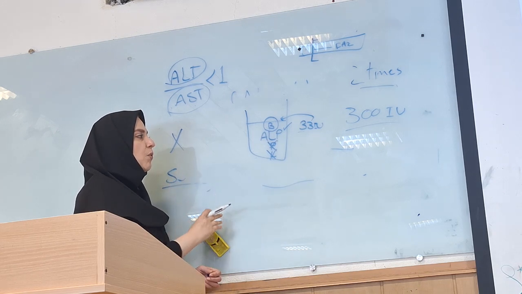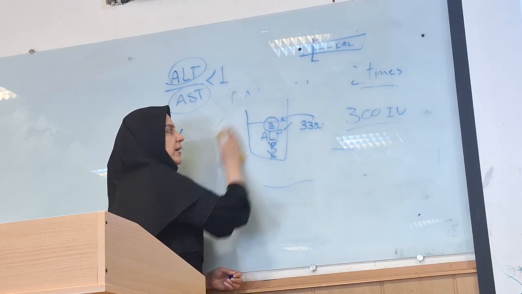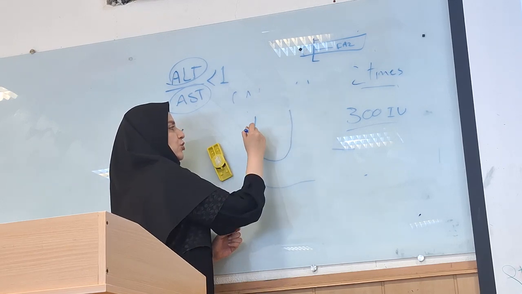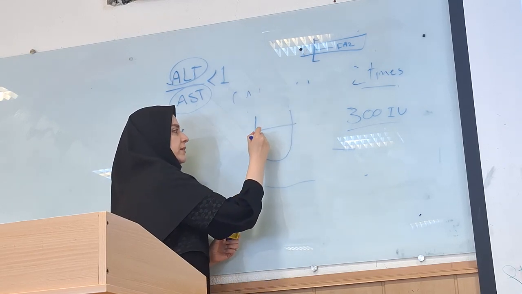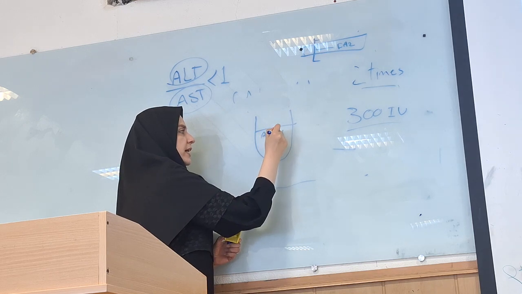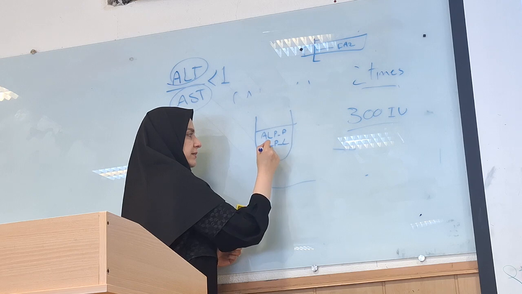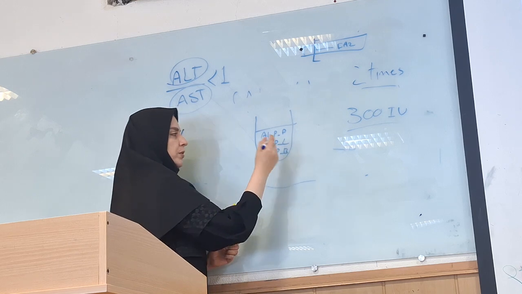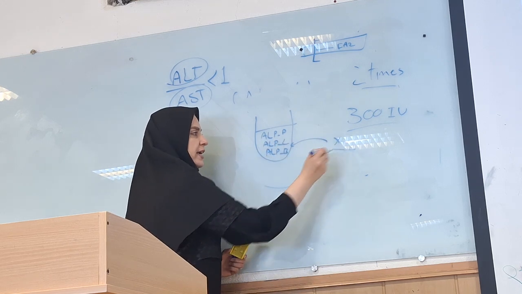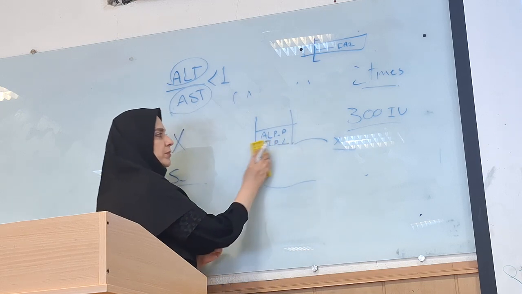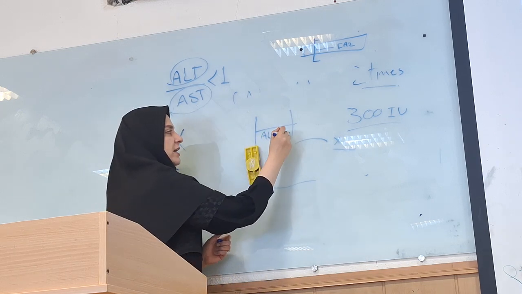Maybe the physician orders, I want to evaluate the activity of the placenta. They choose another reagent. This is, for example, liver and bone alkaline phosphatase. They add another reagent, and this reagent inactivates the liver and bone, and only placenta is remaining.